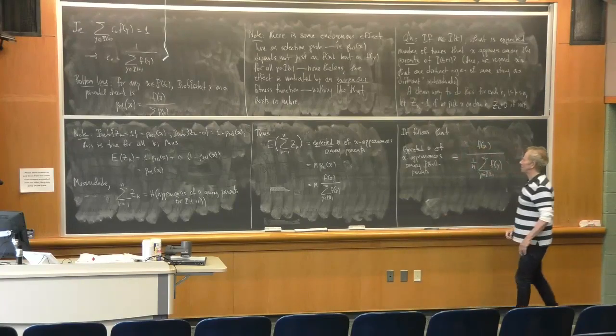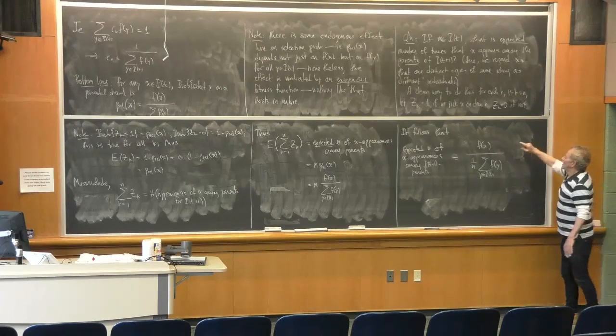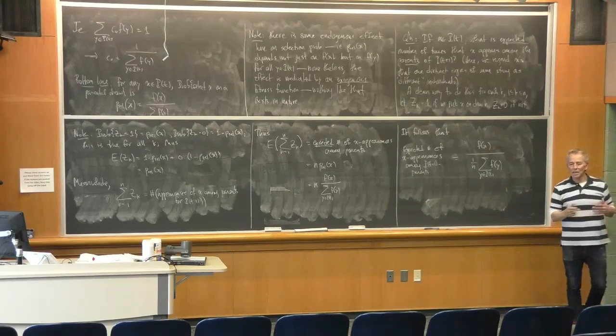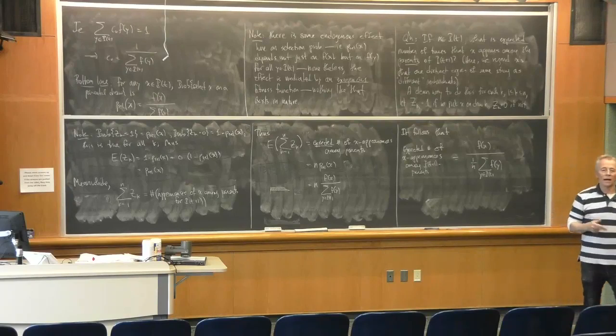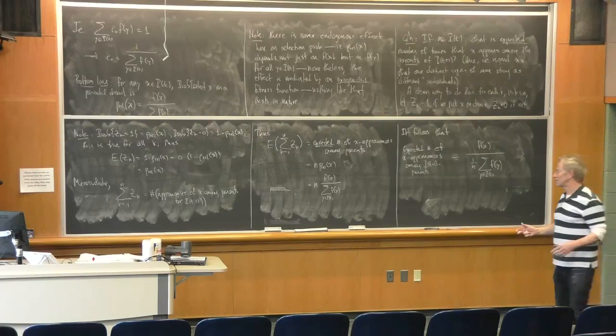Okay, now why did we do that? The numerator is the fitness of x. The denominator is just the arithmetic mean, the average of the fitnesses of all strings in P of t.